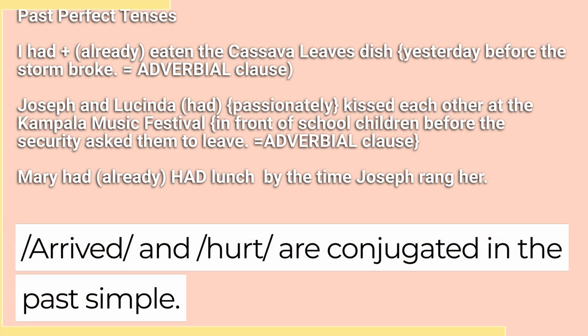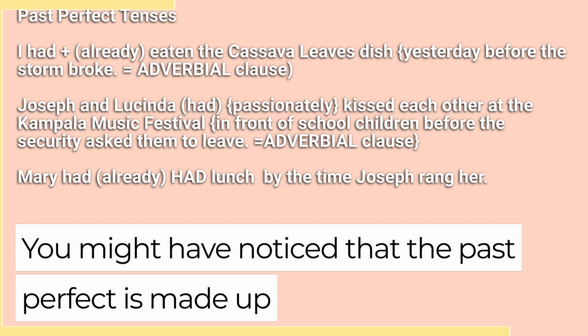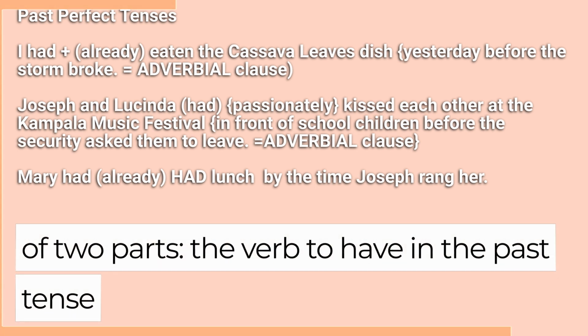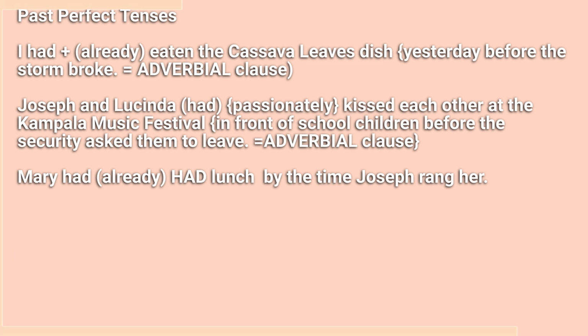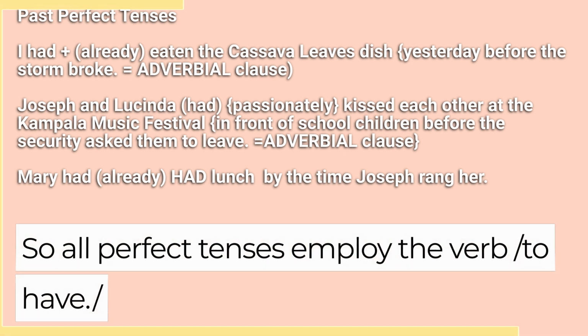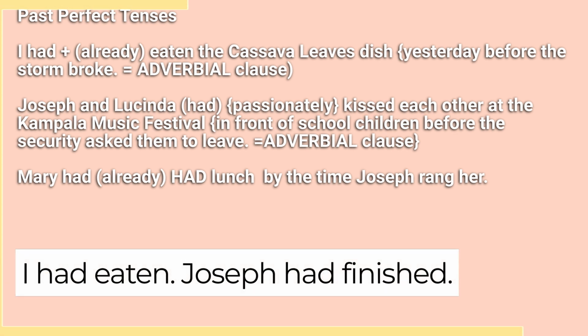Arrived and hurt are conjugated in the past simple. You might have noticed that the past perfect is made up of two parts. The verb to have in the past tense and a main verb which is a past participle. So all perfect tenses employed the verb to have. I had eaten. Joseph had finished.